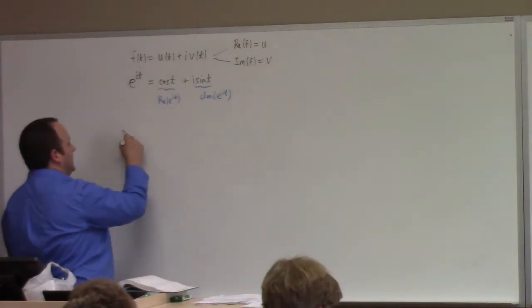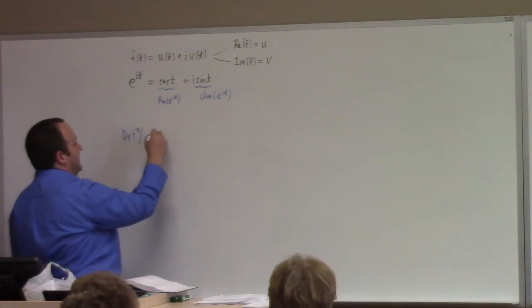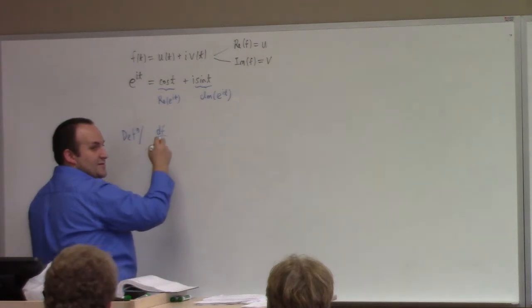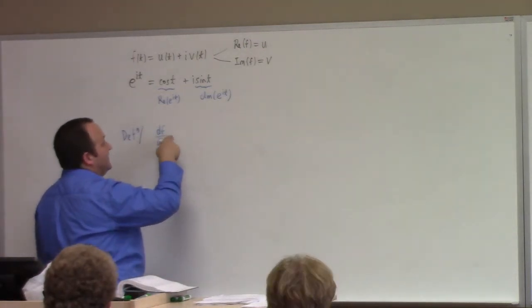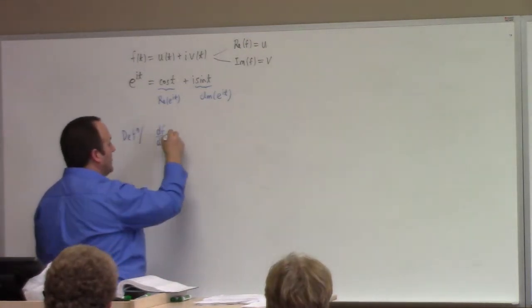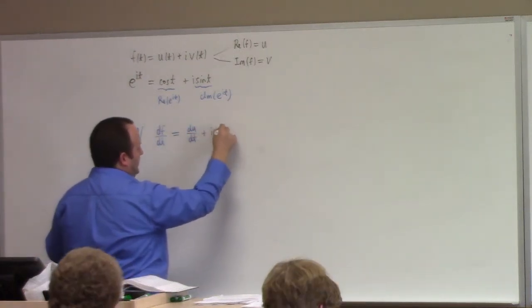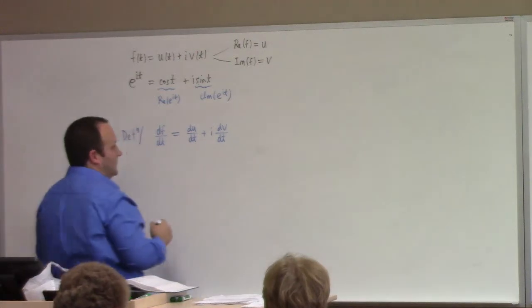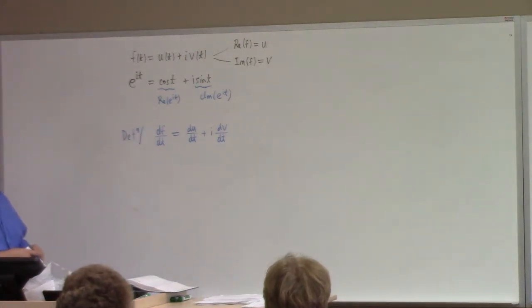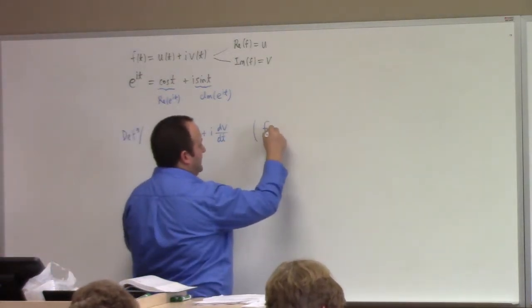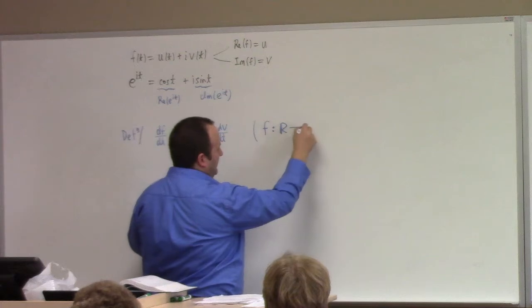So just so you know, by definition, if I want to differentiate such a thing, it's really complicated. Hold on. The way you differentiate a complex valued function of a real variable is you differentiate the real part, and then you differentiate the imaginary part, separately, and you add them, and that's it. So f is a function that takes a real input and gives a complex output.